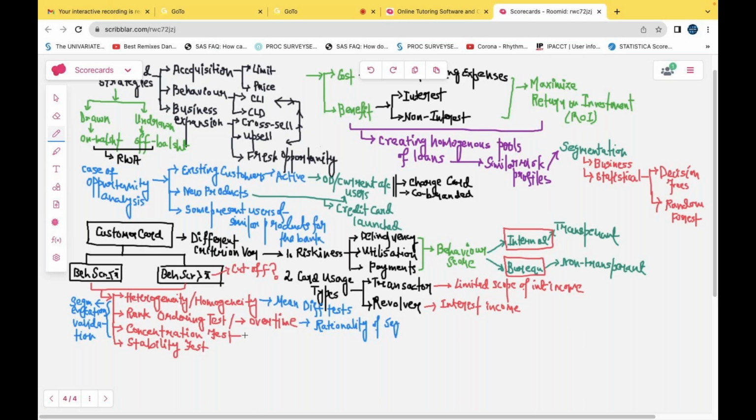The concentration test can be conducted by a test called the Herfindahl index. Initially, the Herfindahl index was created to assess market concentration.